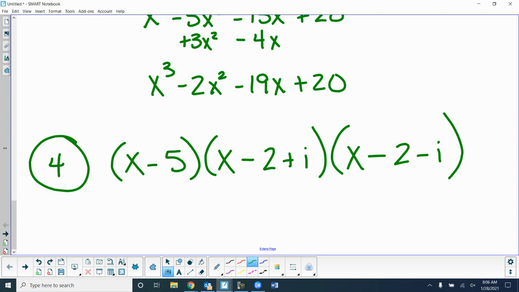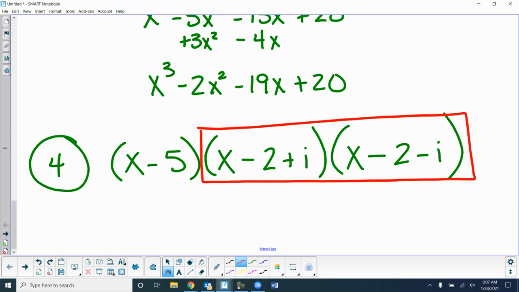Now, this is important. You have to multiply these 2 first. Okay, if you don't, then you get a bunch of i's hanging around. When you multiply those 2 first, the i's will get all canceled out. Okay? Don't forget the x minus in front of those.